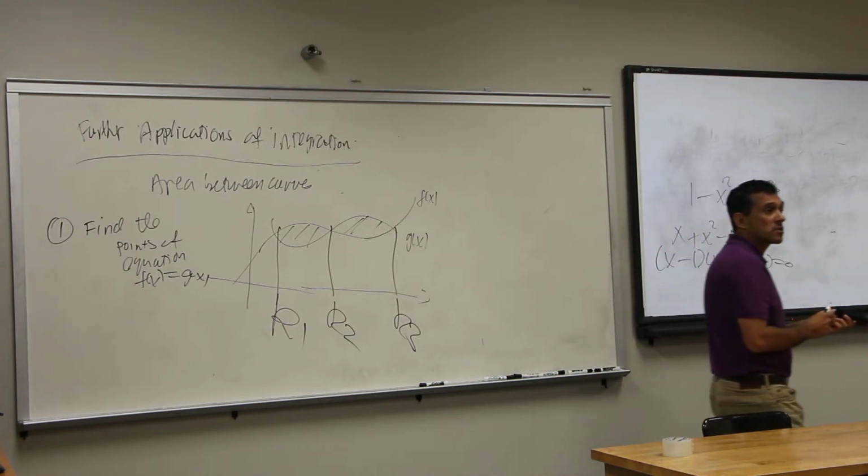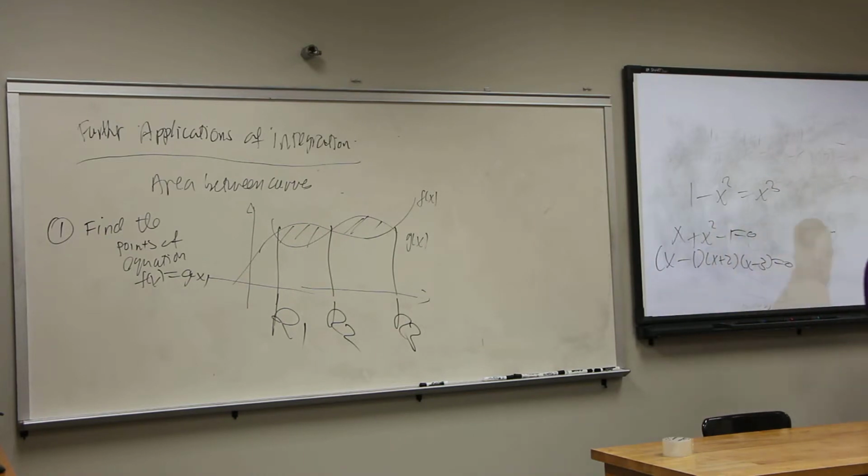Now, the best way to find knots is how, Miss Yasmina? Use the beast. Okay? Graph the two things and see where they intersect.